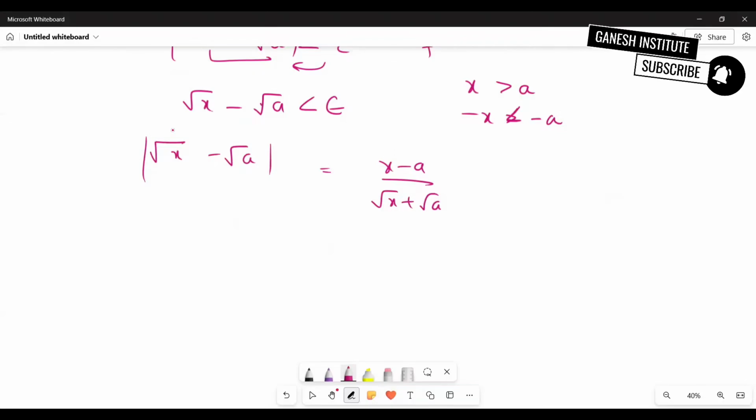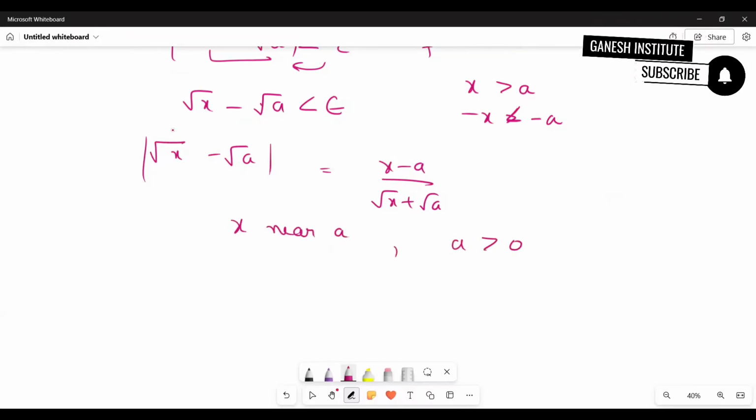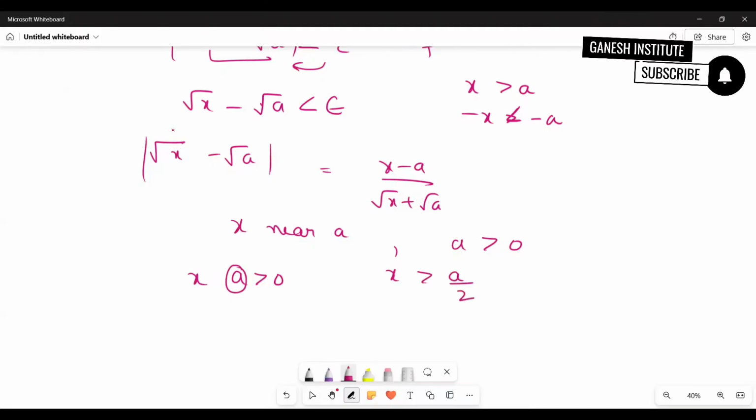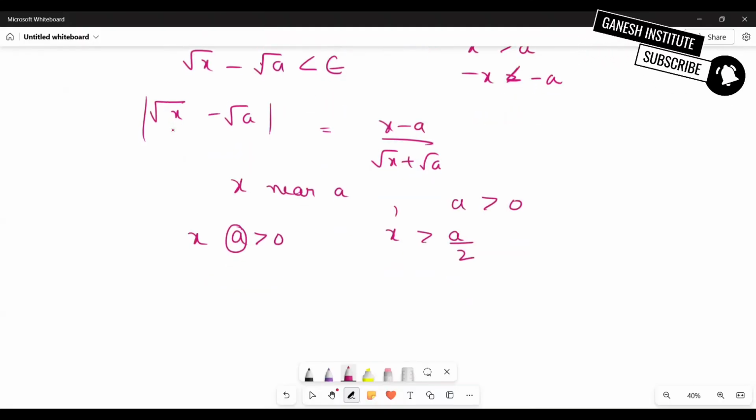So how can you bound it if you consider some value? I need x near a. Though a is greater than 0, can I make x a smaller value in relation with a? Can I say, let's assume, x is greater than a by 2?